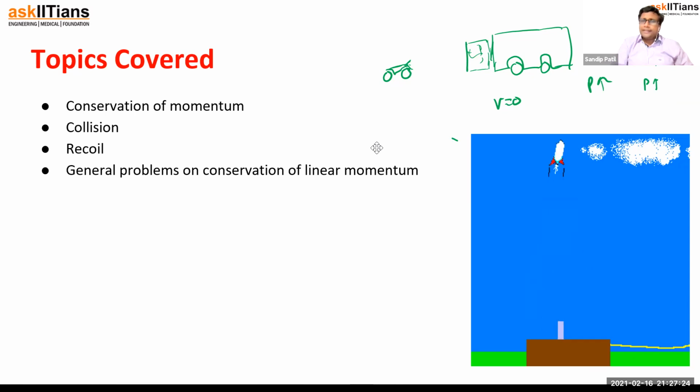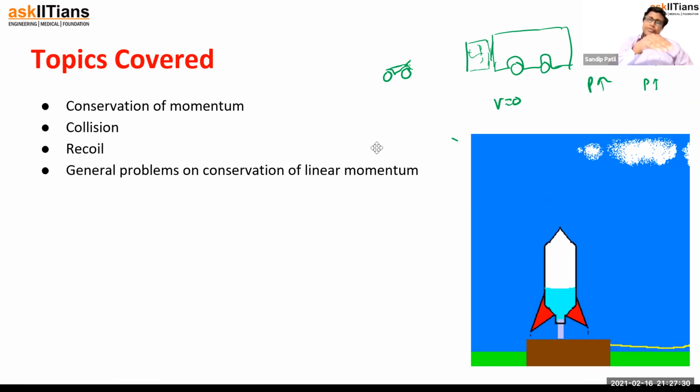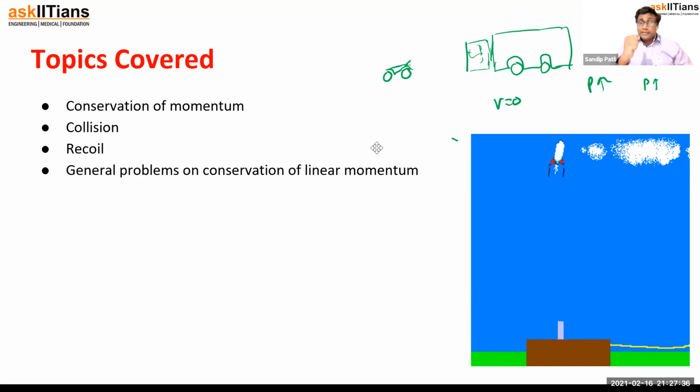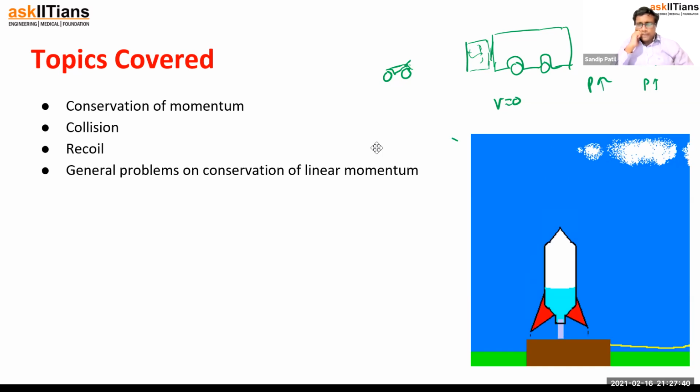When you fire the bullet from the gun, right? What happens? The bullet goes away obviously with a very high speed, but the gun also has a little bit of speed with which it goes backward, right? Why it is going backward, we are going to see. It is actually called the recoil velocity of the gun, right?